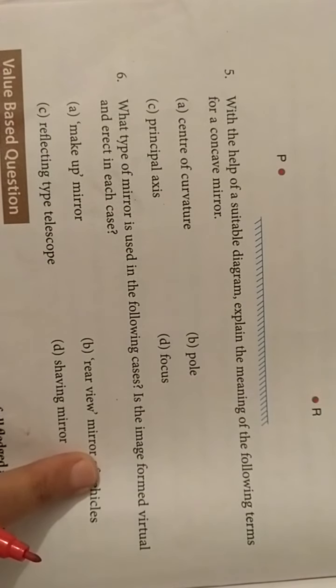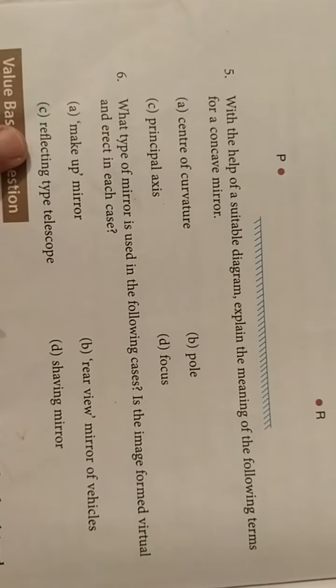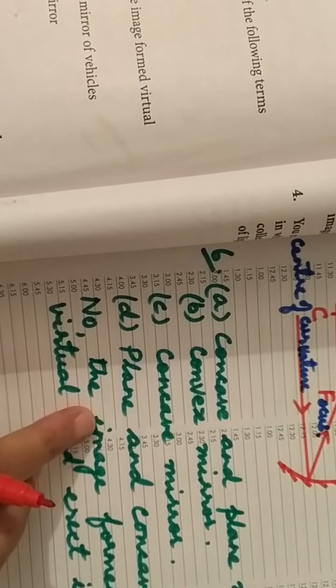For the rear view mirror of vehicles, we are supposed to use a convex mirror. Then for the reflecting type telescope, a concave mirror is used. And the last one is the shaving mirror. See, all these answers I have written here, and in case of a shaving mirror, again plane and concave mirrors are used.